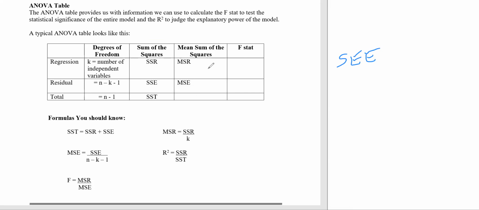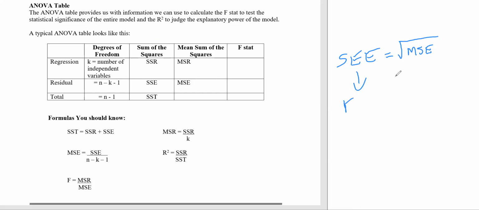We've got to back up to this ANOVA table, and the standard error of estimate is equal to the square root of the MSE. So they may give you the MSE, and you might have to back up to calculate the standard error of the estimate.